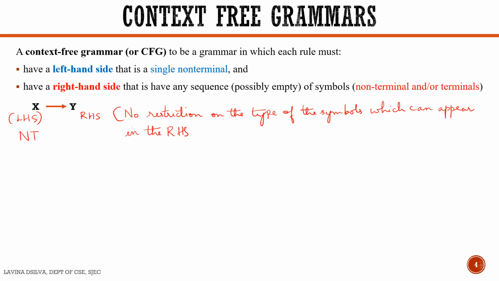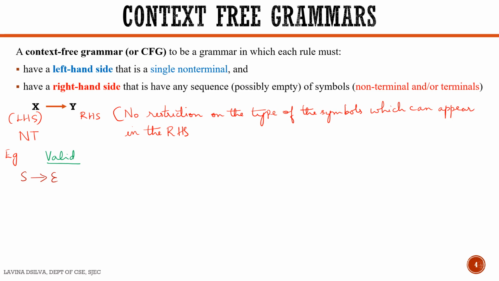We shall take a few examples of rules which can be categorized as valid and not valid rules. So first we'll consider a set of valid rules. S tends to epsilon. Now we can see that there is a special symbol epsilon on the right-hand side, and this is allowed.